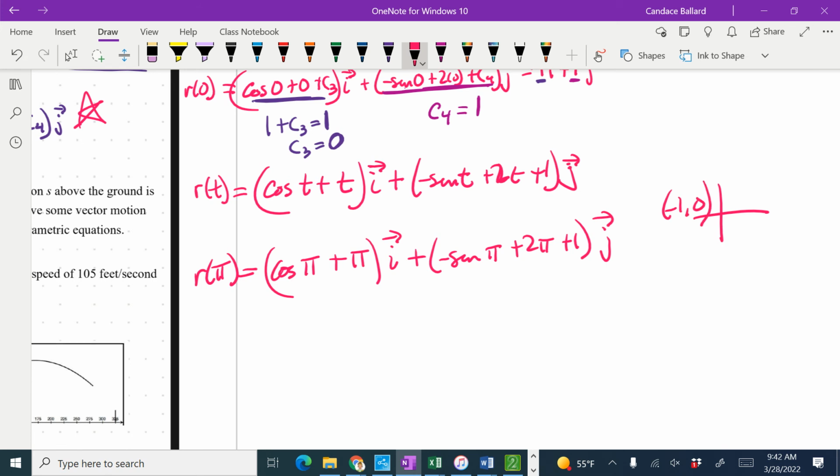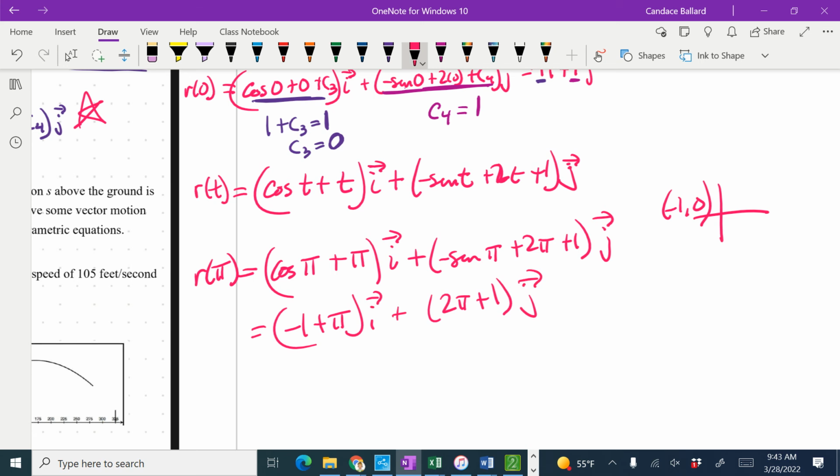All right, so this is the coordinate for pi. What's the cosine of pi? Yep, so negative 1 plus pi times the vector i. What's the sine of pi? 0, so I just end up with 2 pi plus 1 times vector j.